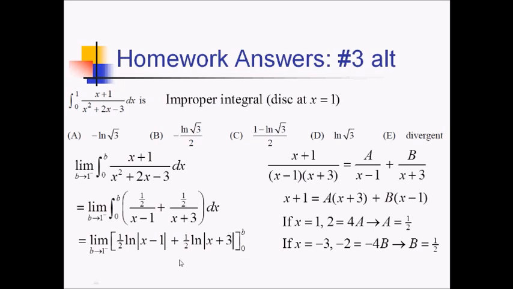Now, before I actually plug all this craziness in and try to evaluate it, I notice that if I just consider the limit as b approaches 1 from the left of ln of b minus 1, I'm essentially asking what's happening to ln as the stuff inside approaches 0. And again, ln as you approach 0 gives you negative infinity. So this does not exist, meaning we have a divergent integral, meaning we have choice E.